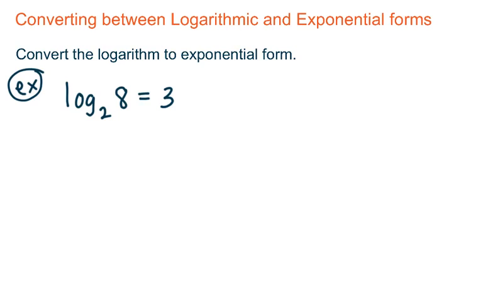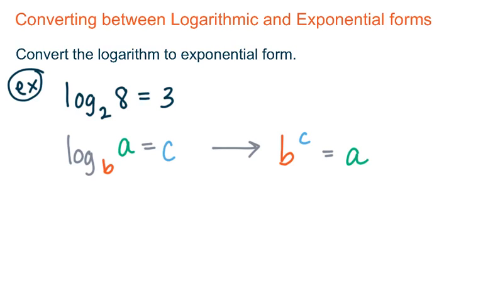What we want to remember and what we know is that log base b of our argument a will equal our output c. And this can convert or change forms and become b to the c equals a.